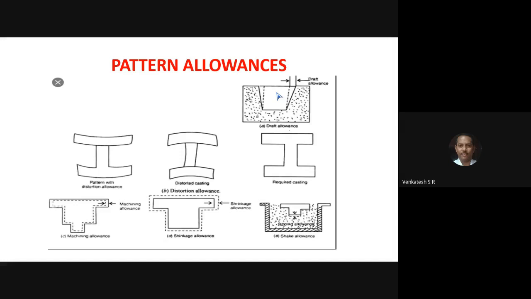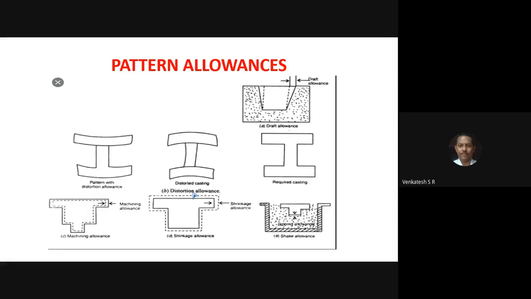Next come to point B, distortion allowance. That is nothing but, as I explained in the last class, the volume of the metal in liquid condition is more. The volume of the liquid metal is more. When the phase changes from liquid phase to solid phase, volume contraction takes place.